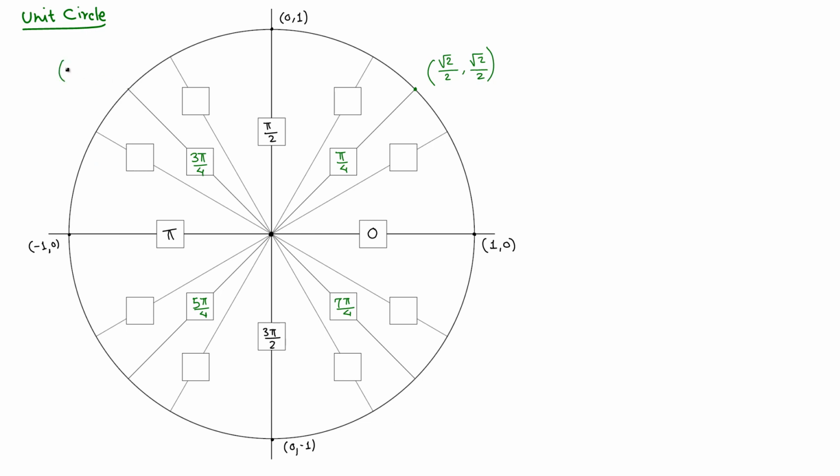So this is negative root 2 over 2 comma root 2 over 2. Third quadrant here, we have to go left, that means x negative, down, y also negative. So this is negative root 2 over 2 comma negative root 2 over 2. Fourth quadrant, positive root 2 over 2, negative root 2 over 2.